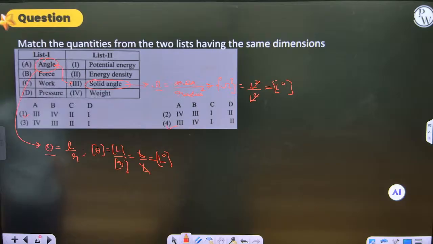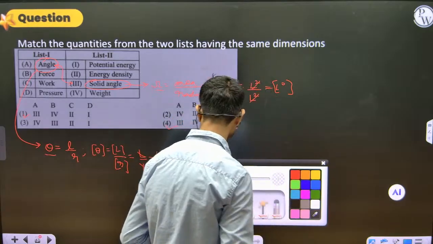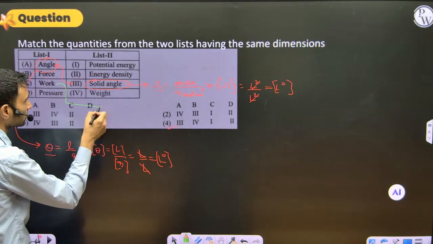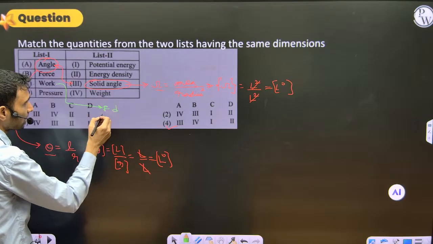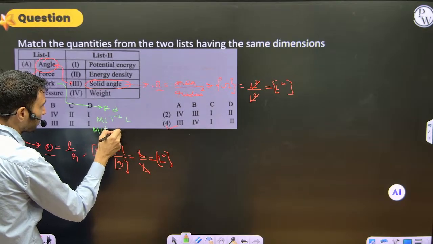Now we have to check one more. So we'll check C, work. Now work is force into distance. Force is, as you know, MLT minus 2 and distance is L, so it becomes ML square T minus 2.